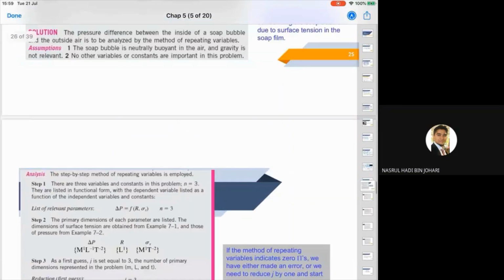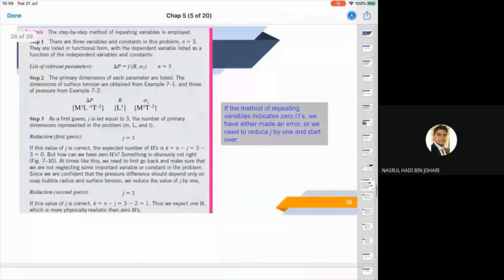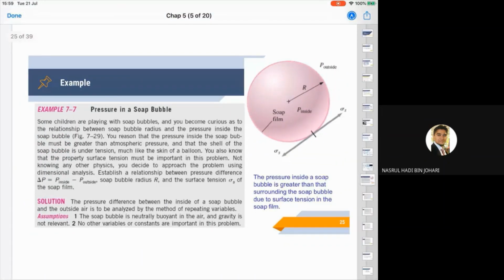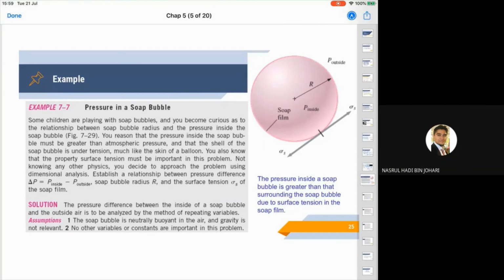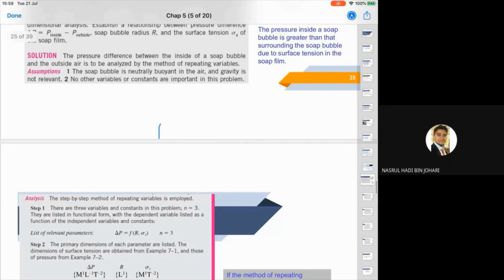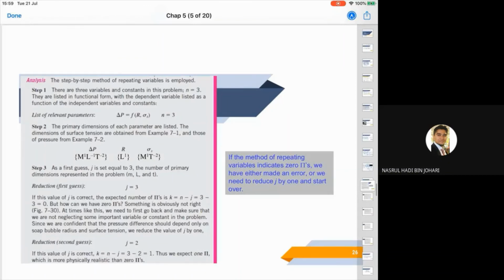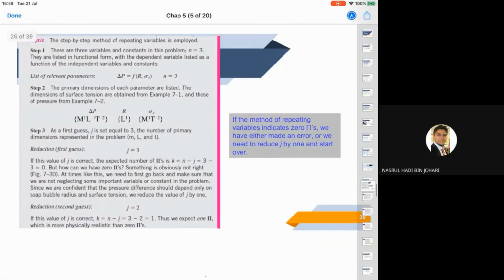It's already 4. Okay, you look at more examples here. For example, like pressure in a soap bubble. The only thing that we try to highlight in a soap bubble is that the J couldn't be equal to the primary dimension. If you put primary dimension equal to J, or J equal to primary dimension, then you can have obviously wrong equations.